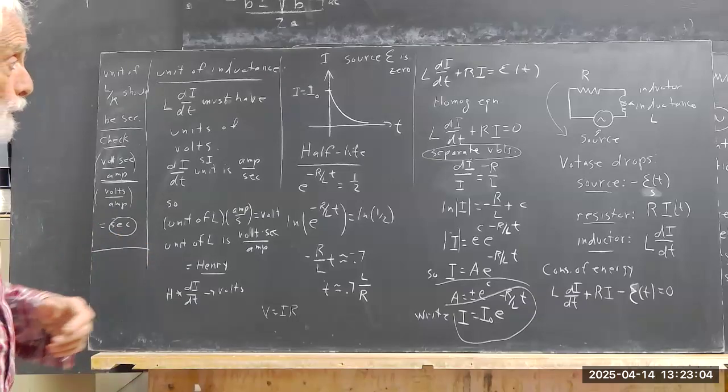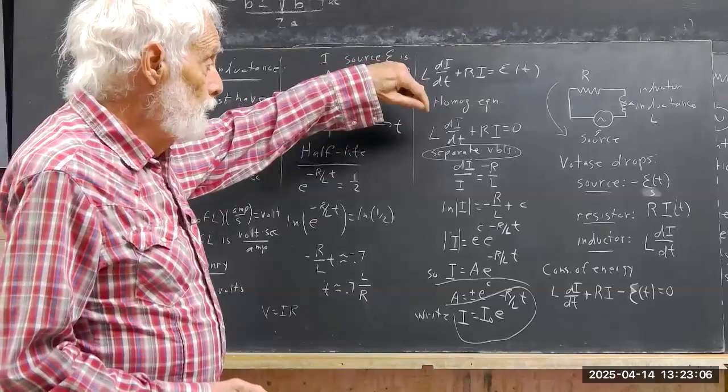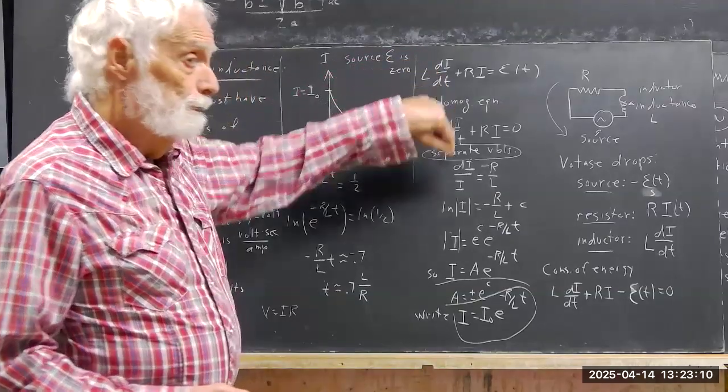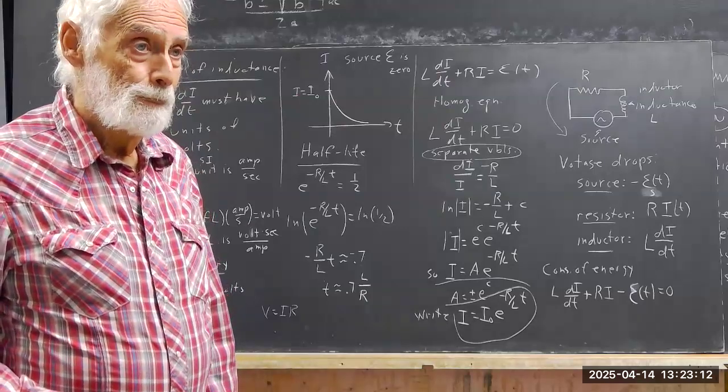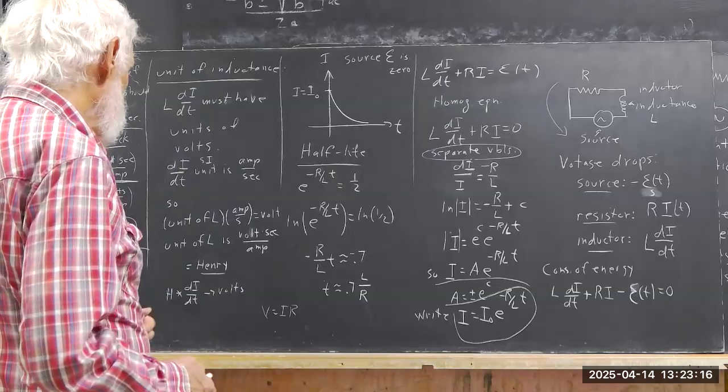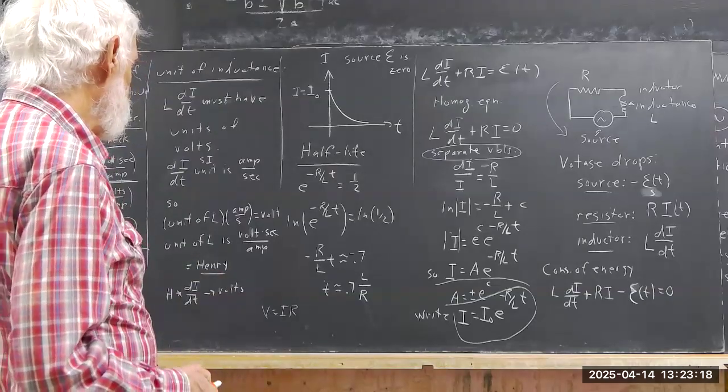Okay, so when we look at this equation, we know we have henries times amps per second. All right. Well, the other thing is that's your half-life.